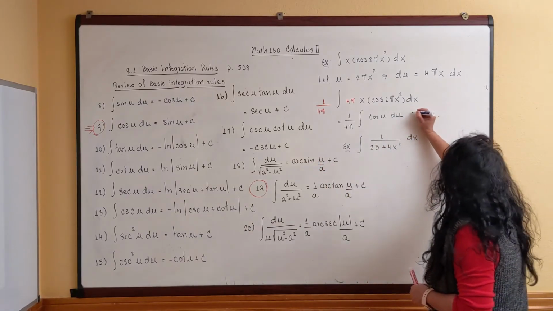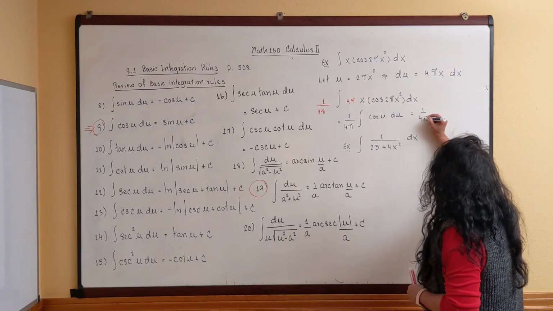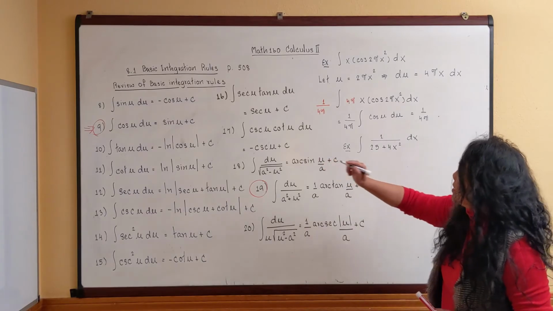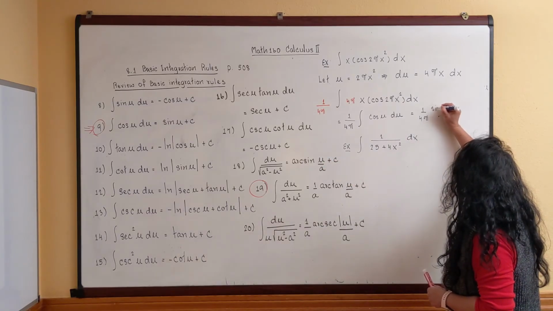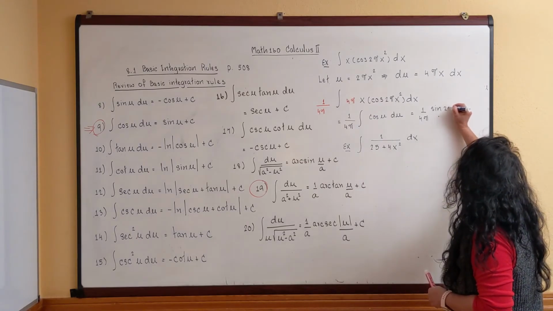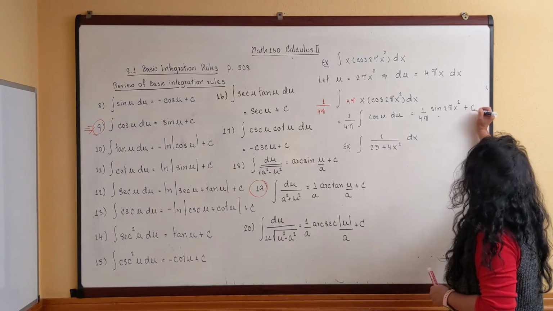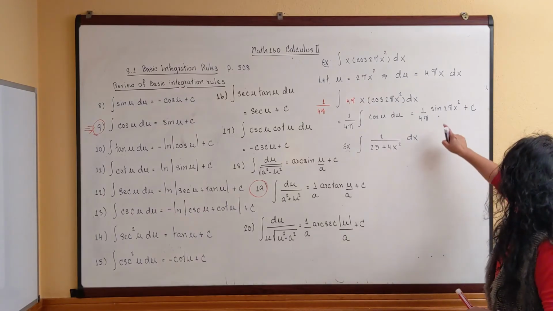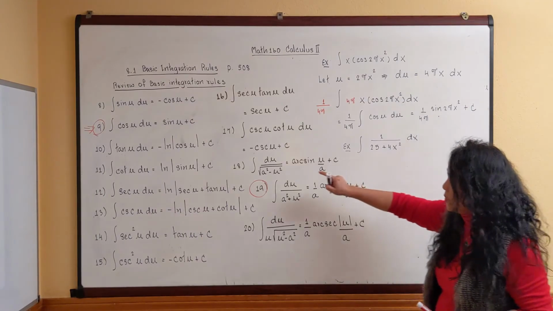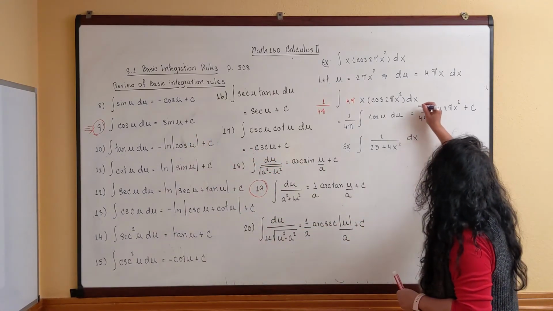Then it's equal to 1 over 4 pi sine of u. My u is 2 pi x squared plus c. Because I ran out of room, this is just your u. I'm using this formula right here. So that's the answer.